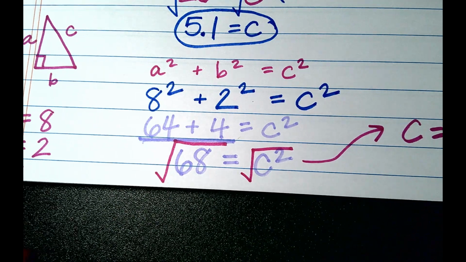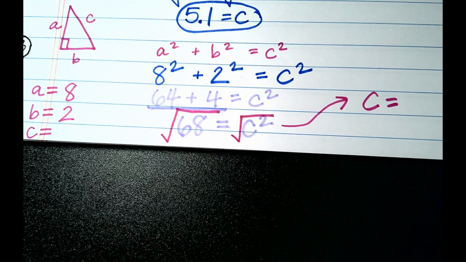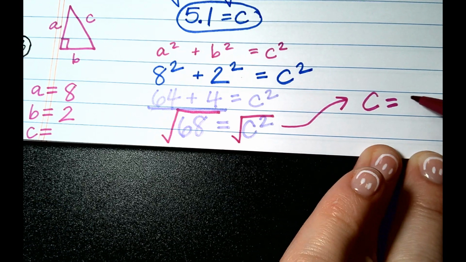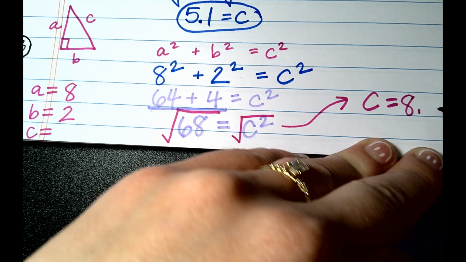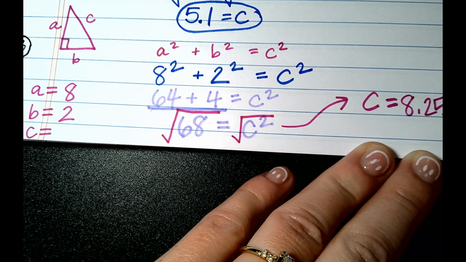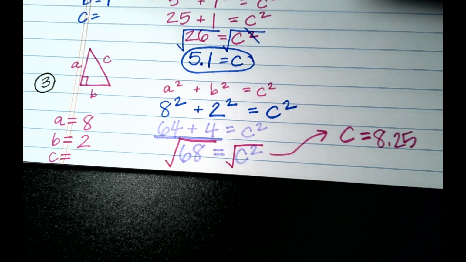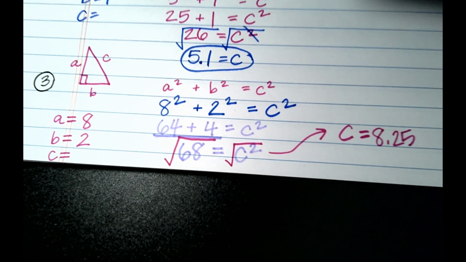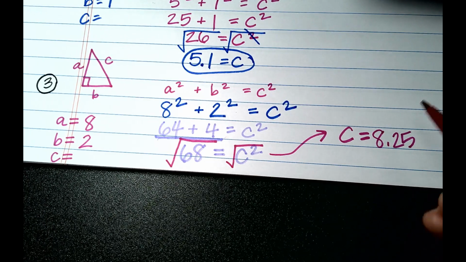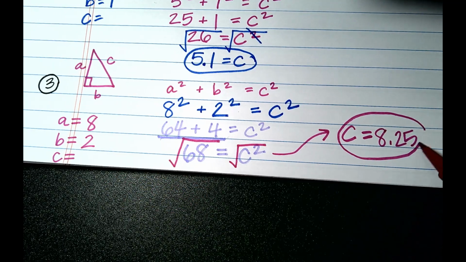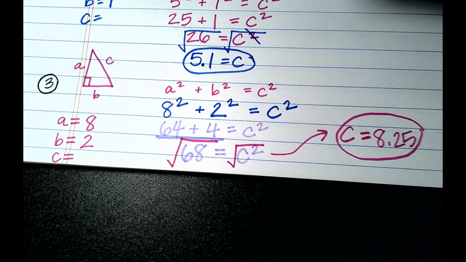It's actually even more accurate. Okay, so I'm going to write 8.25. I always say I like 2 decimal places, but again, I'm not grading you on that, so it's really up to you. So for number 3 on our worksheet, 8.25 is the distance.